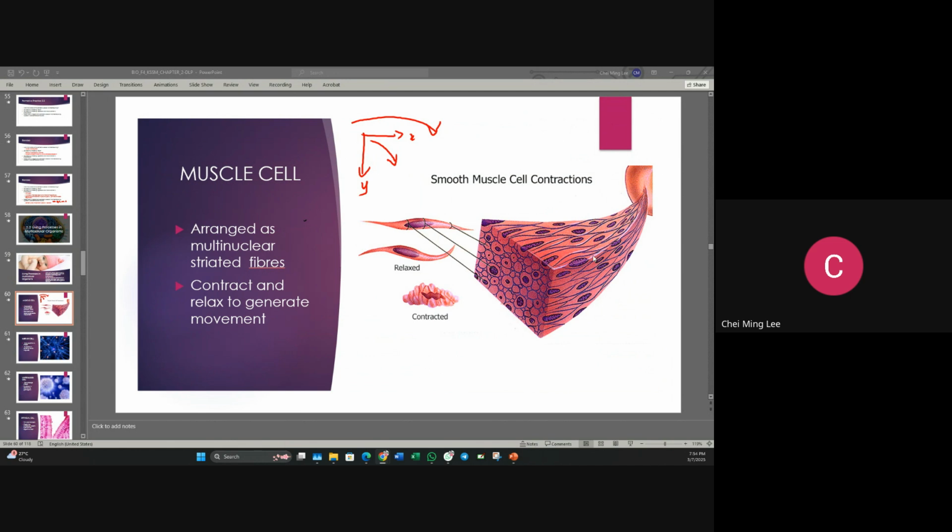It's like the rope you use to play, where there are many small strings bound together. The striated fiber looks like that. It contracts and relaxes to generate movement. When it contracts, it creates a pulling force, so it will pull the bone up. When released, it will push the bone down or away. Okay, so jot this down.